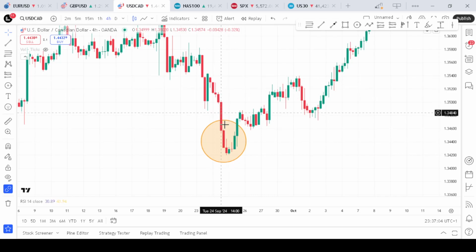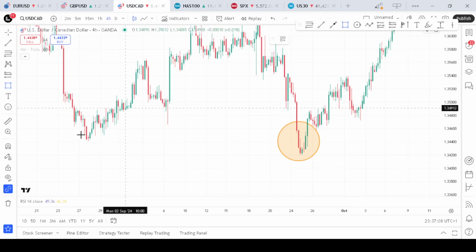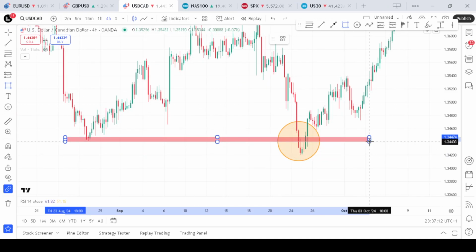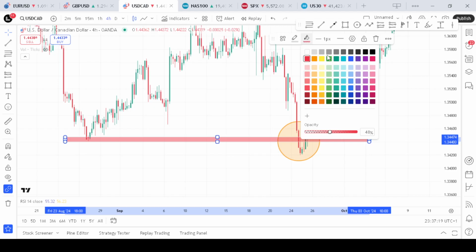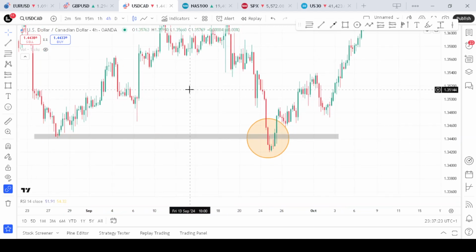This is why this validates the pattern. And as we can see, the pattern happened to be at a strong support area. Even if it broke the support, we can see that price is breaking back above the support region. This signals and confirms this trade setup. The pattern becomes invalid if any of these conditions are not met.